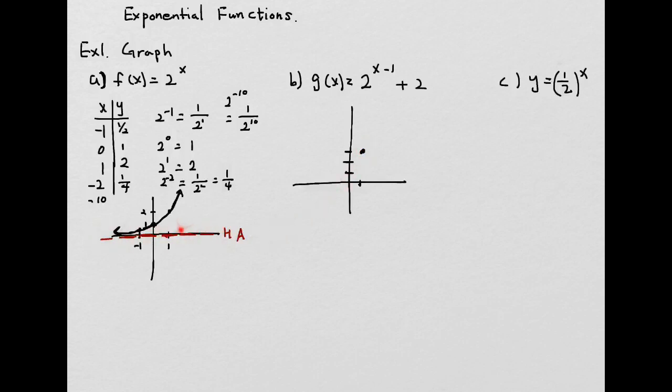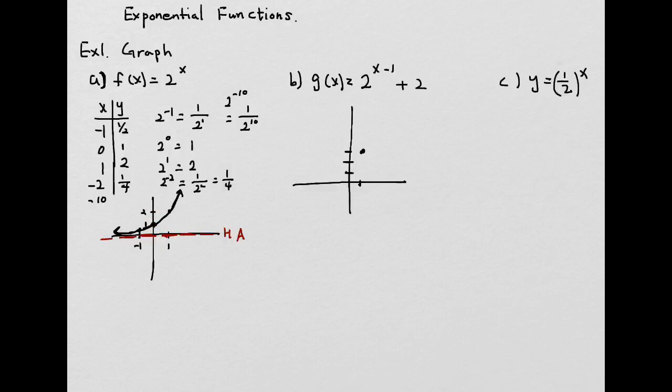Your horizontal asymptote was y equals 0, right? So for this y equals 0, you need to go up 2 and move right 1. For a horizontal line, if you're moving right or left, it's still the same horizontal line. Moving right or left is not going to change it, but going up 2 is going to change.